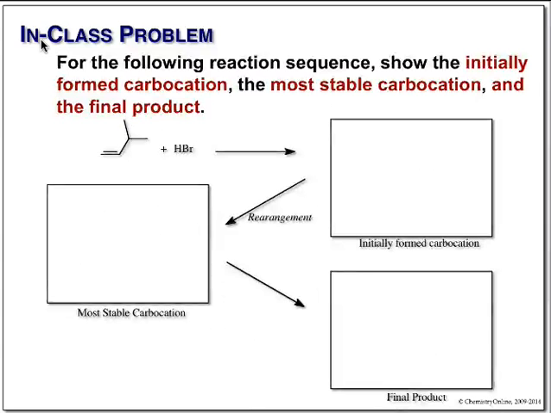In this problem, you are asked to draw the initially formed carbocation. That will undergo rearrangement to form the most stable carbocation. That will simply add bromide to give our final product. All right, our initially formed carbocation is going to be here on our secondary carbon. Therefore, in our first box, we would simply draw this.